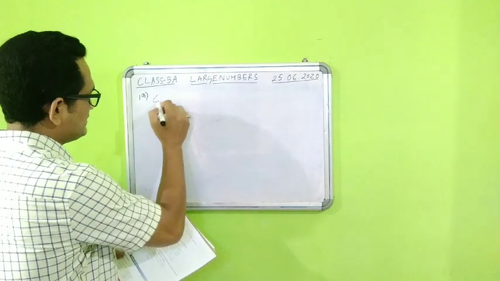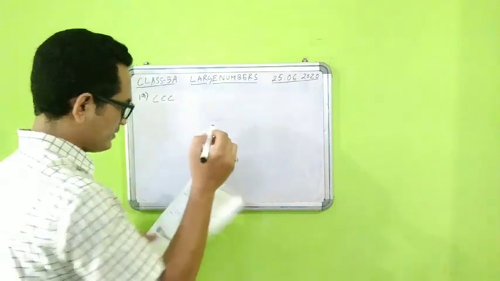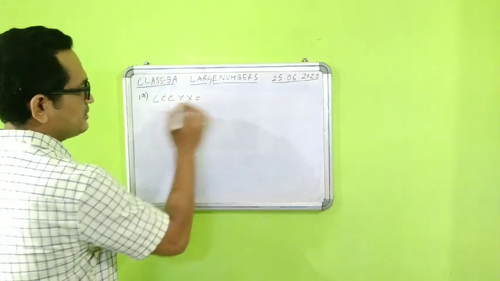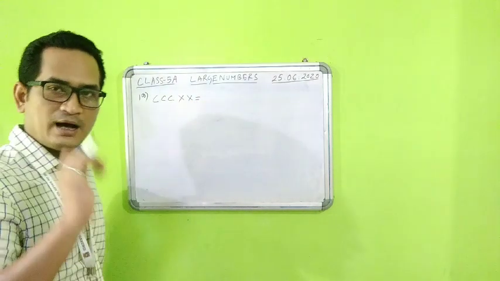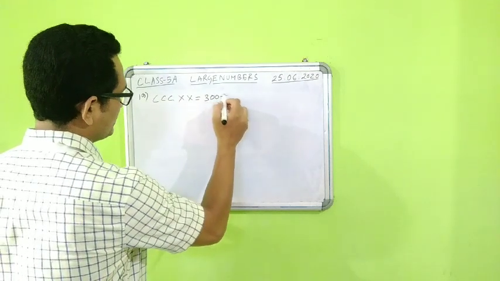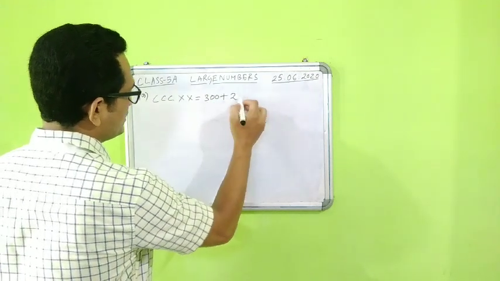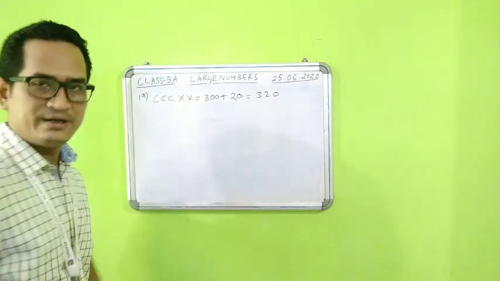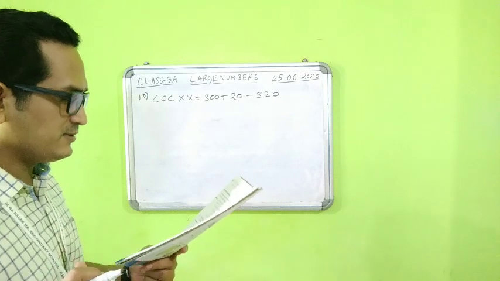The first number is CCCXX. CCC means 3 C's are there, and 100 is repeated 3 times, so this will be 300. XX means 10 plus 10, that will be 20. So it will be 320. That is the first number.